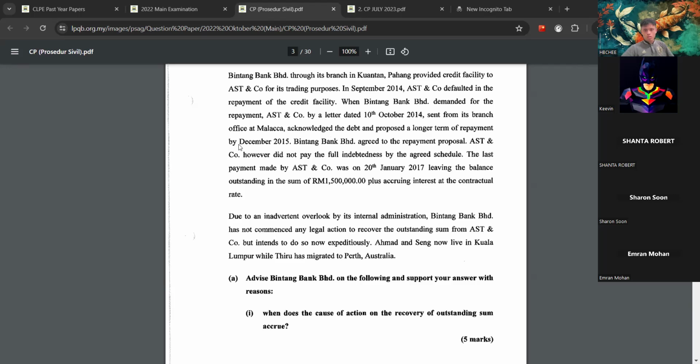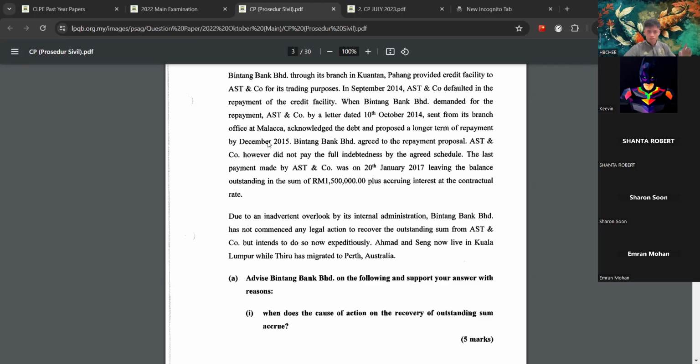Okay, let me explain again. In September 2014, this is the first day that AST defaulted, so supposedly this will be the date. However, they issued a letter proposing a long term of repayment, one month after the default, and Bintang Bank accepted it one year later. That means fresh accrual already.